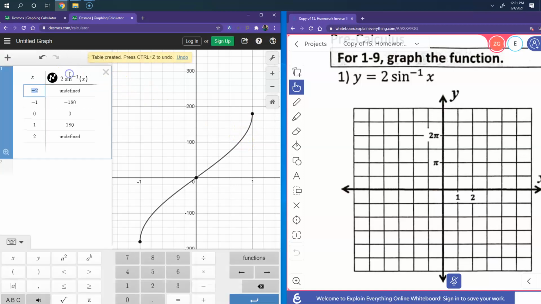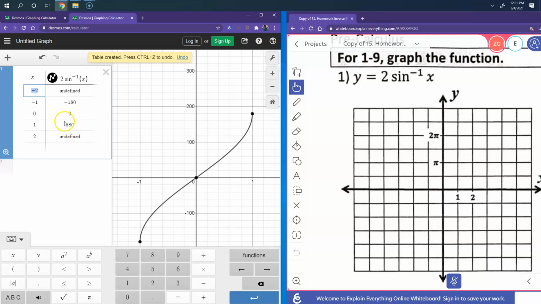Then I'm going to use a table, and you notice that at -1 it's negative 180. That helps us get a general picture of the graph. We know that every 2 spaces it's pi. So we go down, this is negative pi, this is negative 2 pi. And so at -1, it's negative 180.